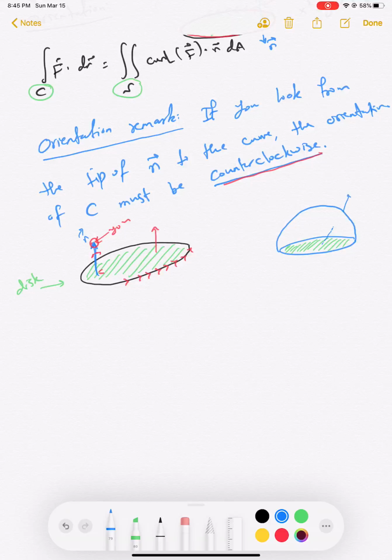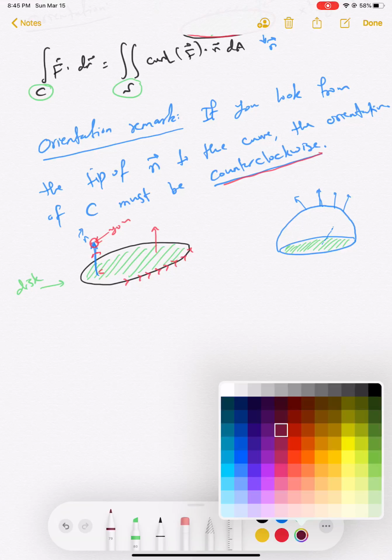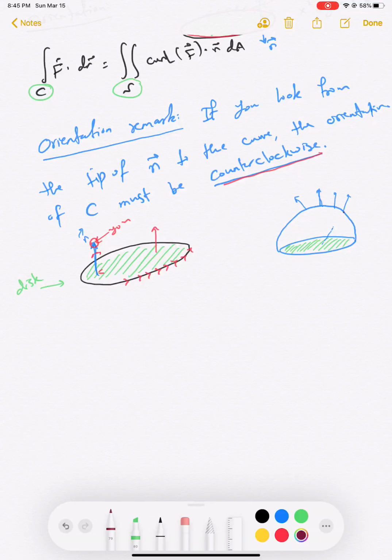It could be this thing, this thing, this thing, and so on. Or it could be the other way. I don't want to draw it, but it could be these things, right?